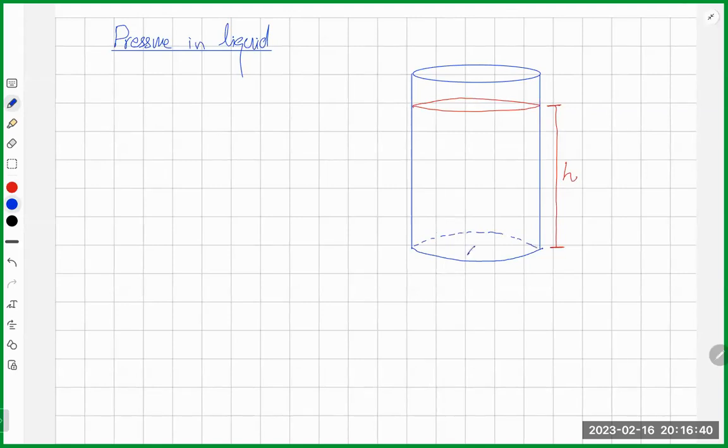The area of the base is A. H is the height of the column of fluid.